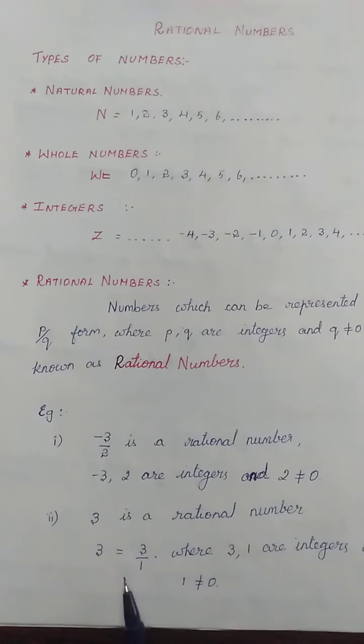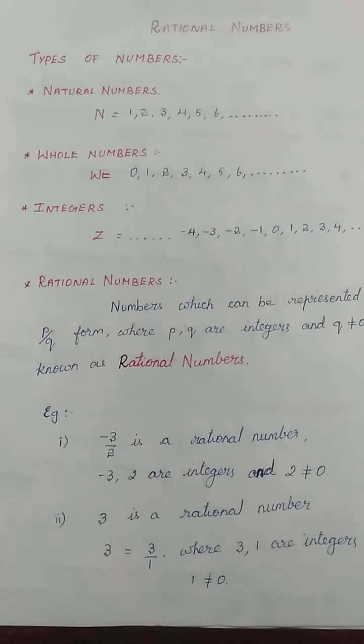Yes, 3 can be rewritten as 3 by 1, where in the place of P, 3 has been substituted, and in the place of Q, we have substituted 1. 3 is an integer, 1 is also an integer and 1 does not equal 0. That is why 3 is also a rational number.